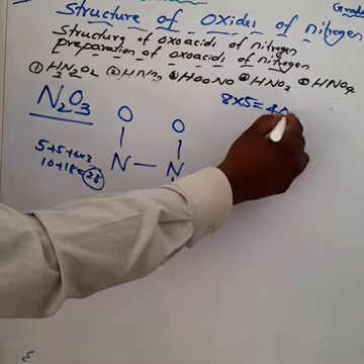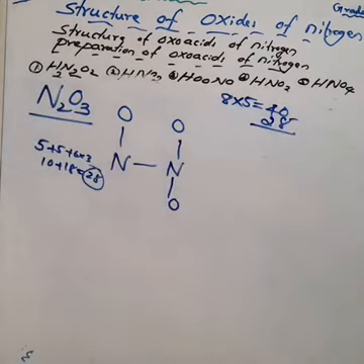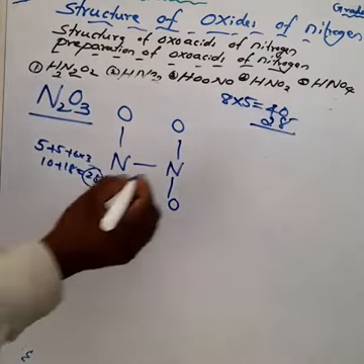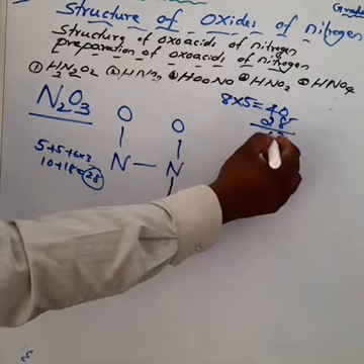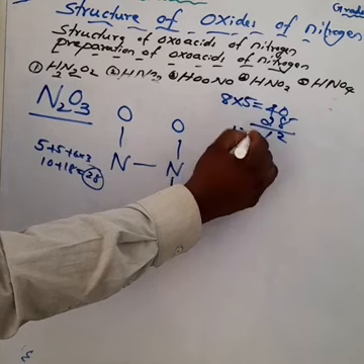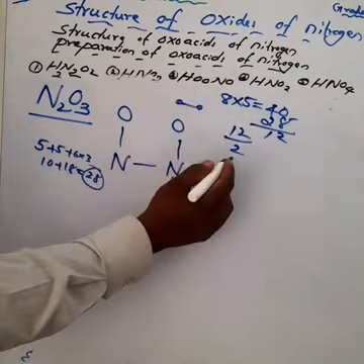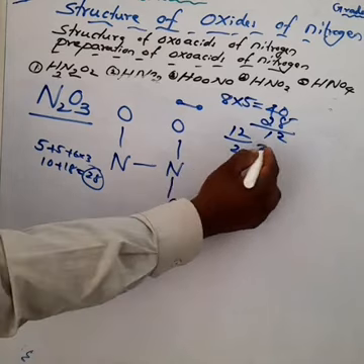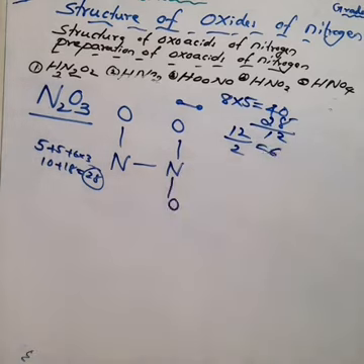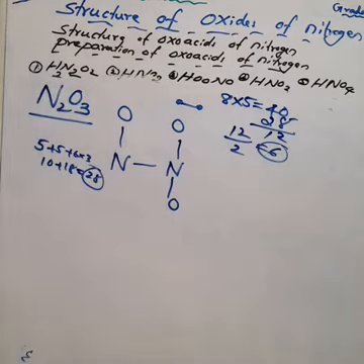Am I right? Yes or no? So when we subtract, 12 electrons is the shortage. I am dividing the 12 electrons by 2 because one bond means 2 electrons. Am I right? 12 divided by 2, 6 2s are 12, so we get 6. We have to make 6 bonds. Am I right? 6 bonds.